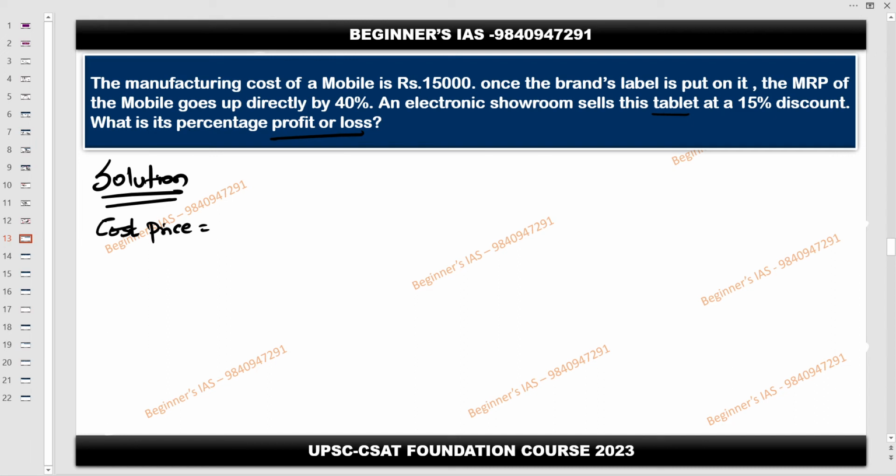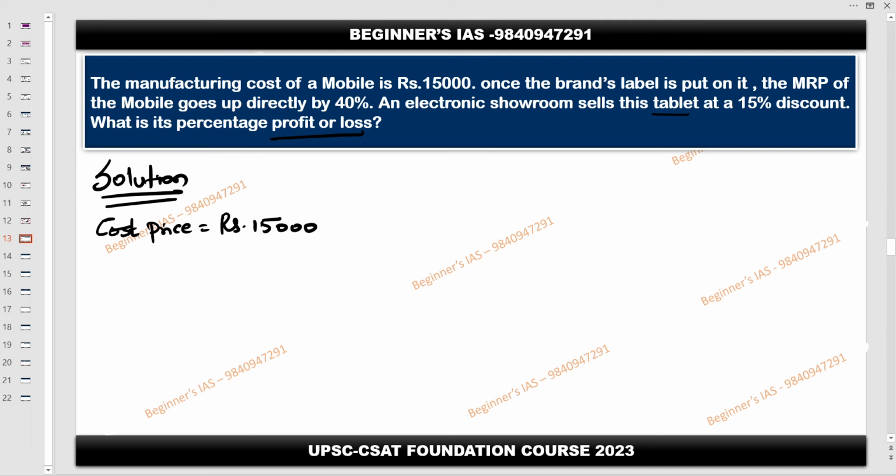If everything is given separately, then you need to add everything and take that as the cost price. Now the cost price is rupees 15,000.